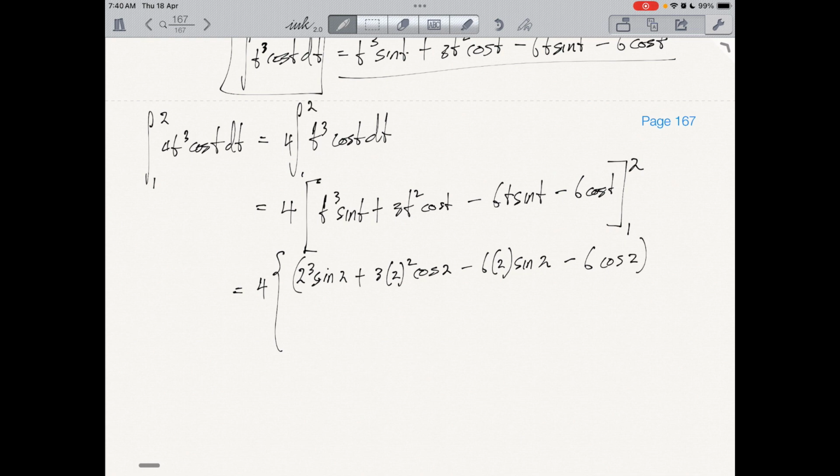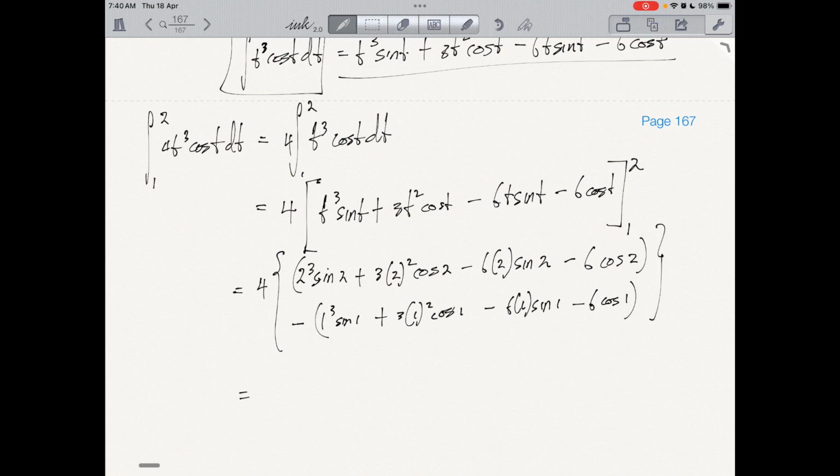Now this will be subtracted from the lower limit of 1: 1^3 sin 1 plus 3 into 1^2 cos 1, minus 6 into 1 sin 1 minus 6 cos 1.